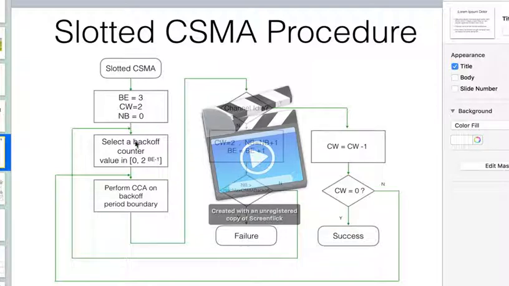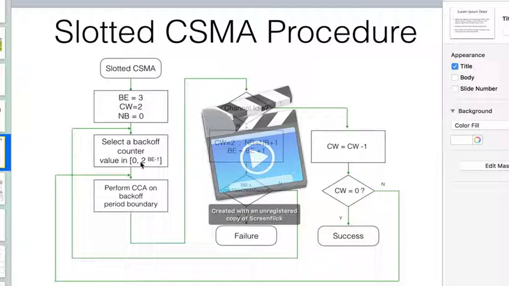Then the node selects a random backoff counter value from this window. So each node selects a random number from this window. Then this backoff counter value, or this random value, is decremented by one for each backoff slot regardless of the channel state.